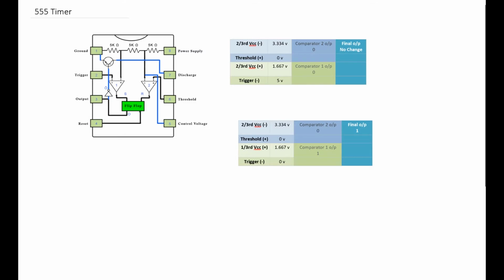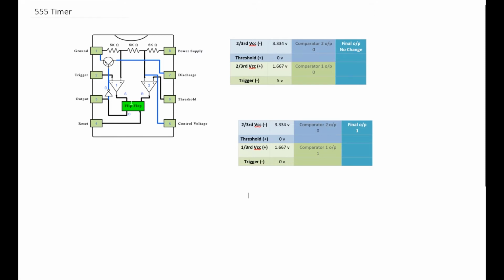And when we have not pressed the button, the inverting terminal of comparator 1 gets an input voltage of 5 volts. We saw that in our circuit diagram. So now comparator 1 is comparing 5 volts on the inverting terminal with 1.667 volts on the non-inverting terminal, and hence would give us a 0 output.